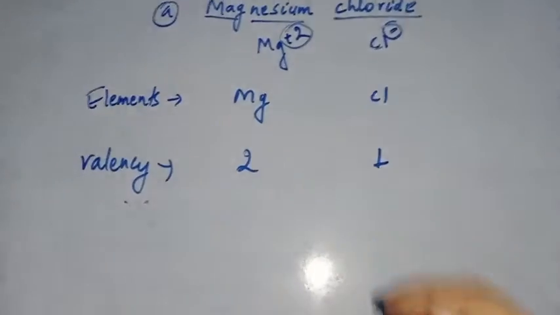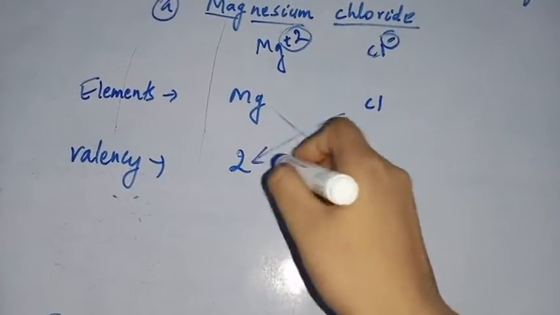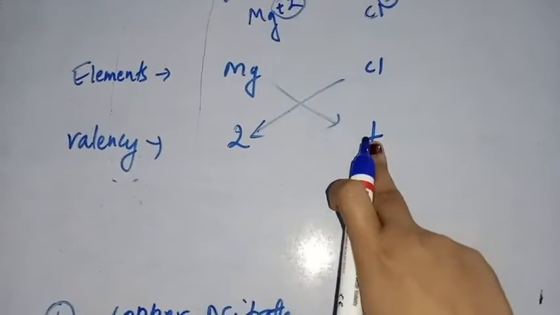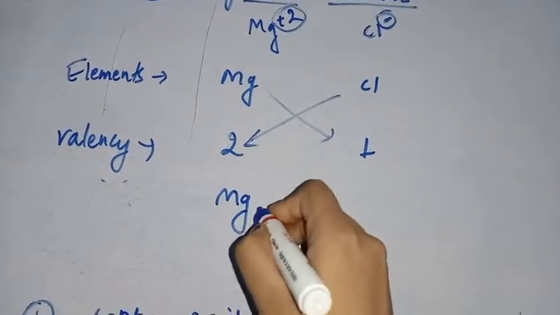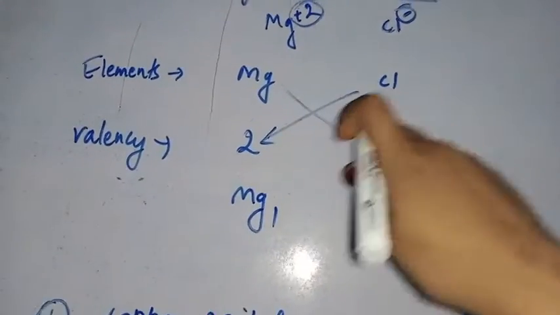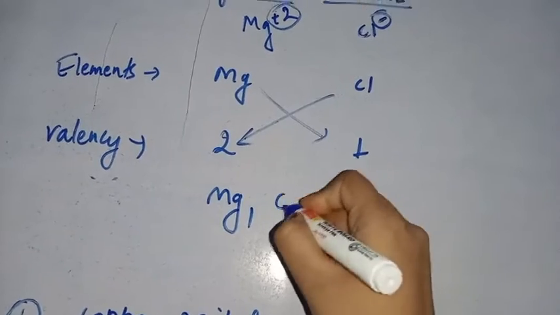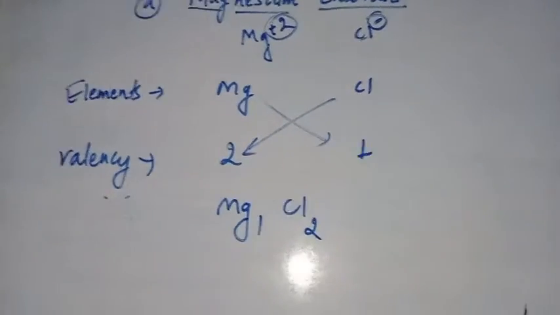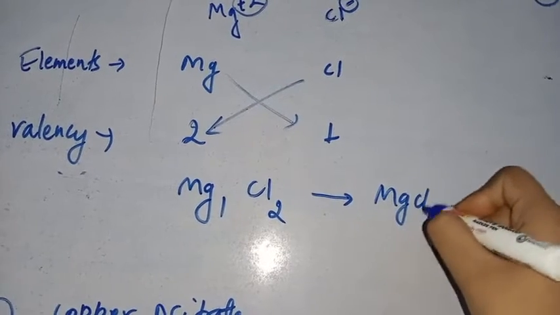Now we will do the criss cross. When we cross over, magnesium will take the number 1, so we will write Mg1, and chlorine will take number 2, because we have done the criss cross, so Cl2. So the formula we will predict is MgCl2.